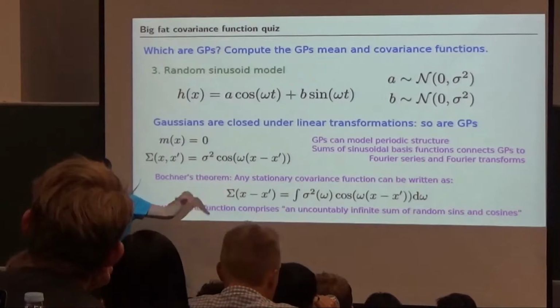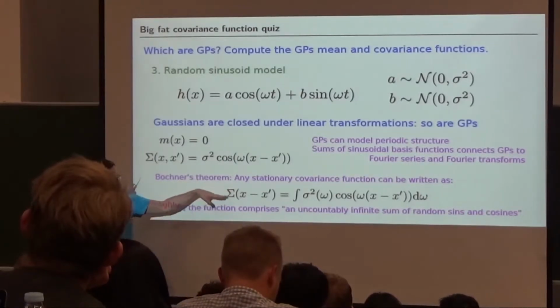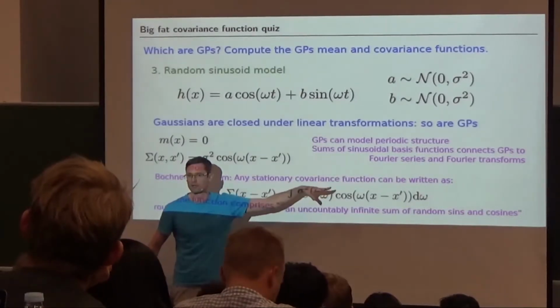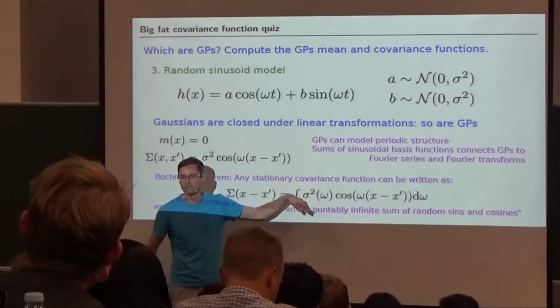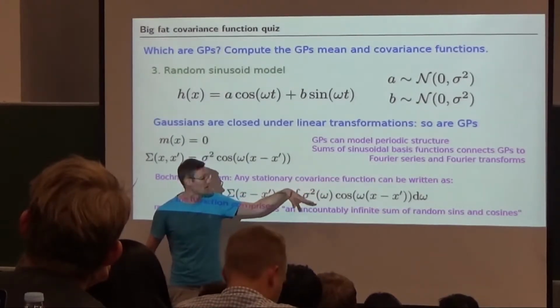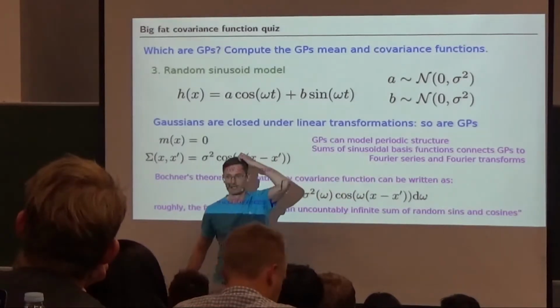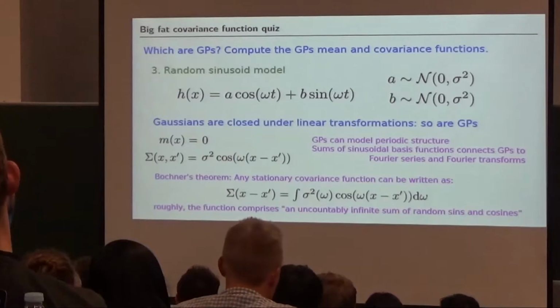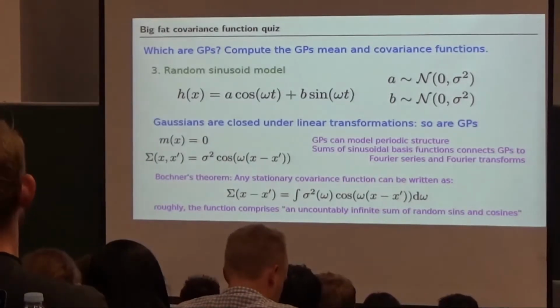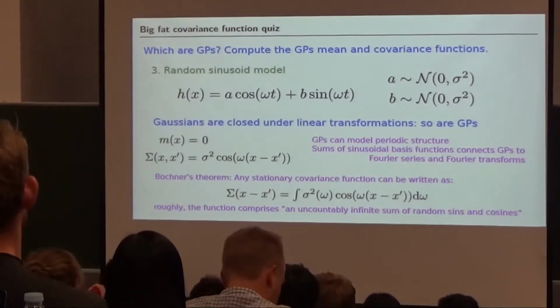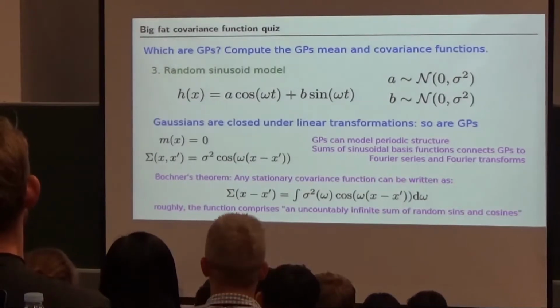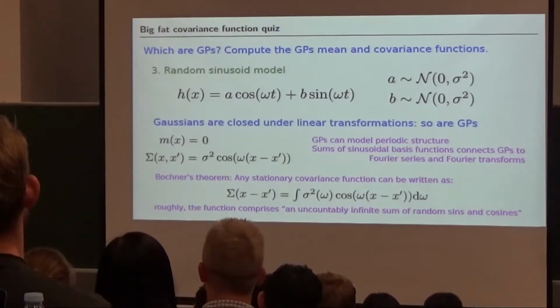It also connects to random features in the kernel literature as well, where you do Monte Carlo sampling of this power spectral density in order to approximate systems by taking random samples of cosines and sines. Yeah, great. Okay. Any questions about that? This is probably the most technical bit, by the way, when we talk about it.